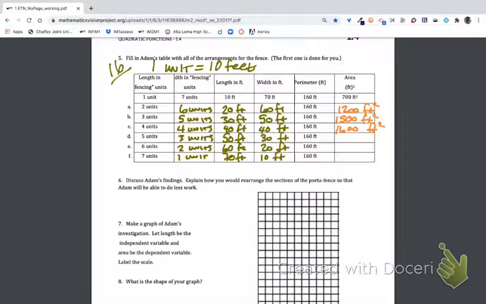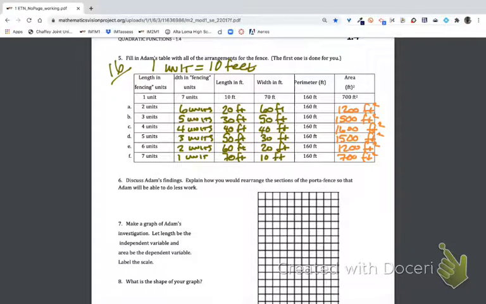And make sure you're including units on these. And 70 times 10 is 700. So again, we have a pattern that's starting to form here. 12, 15, 16, 15, 12, 7, back down again.